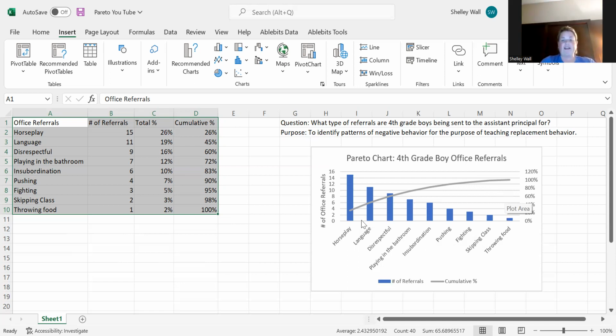So tracking back, you would have a bar for number of referrals and a bar for cumulative. We would highlight these cumulatives, and then you're going to go in and change the bar to a line.